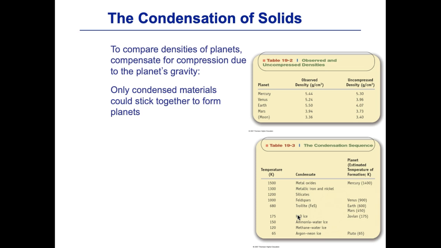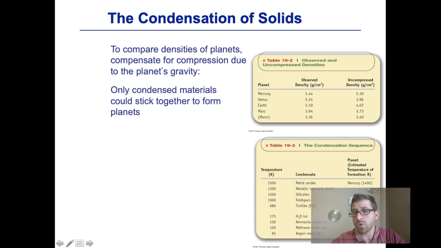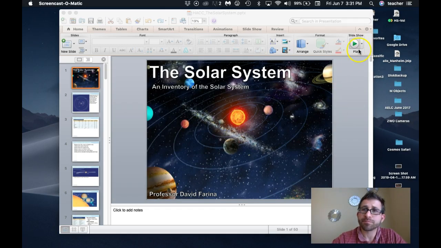As soon as we get to the point where water ice is able to condense out of the solar nebula, we end up with Jovian planets, which include these materials rather than the heavier and less common metal oxides and silicate materials. Hopefully that was clear.